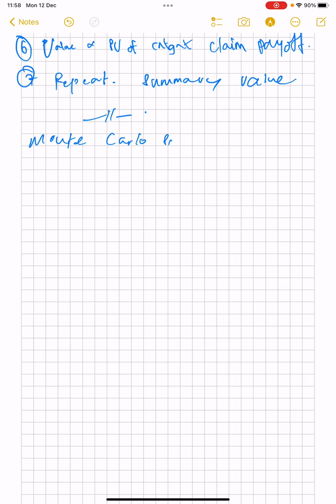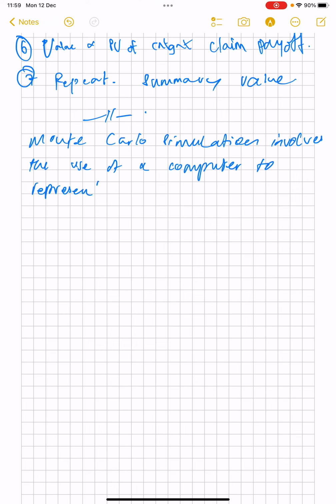Monte Carlo simulation involves the use of a computer to represent the operation of a complex financial system.